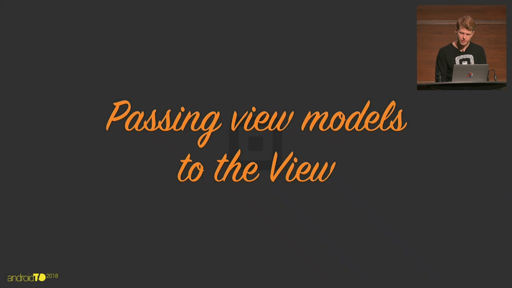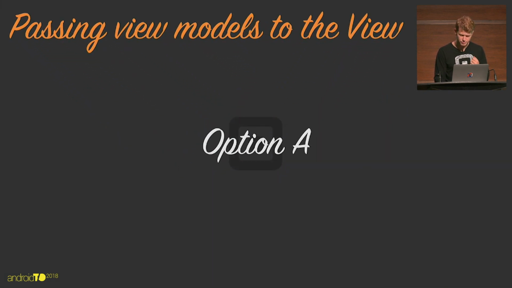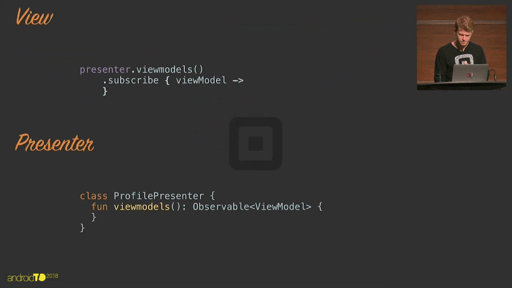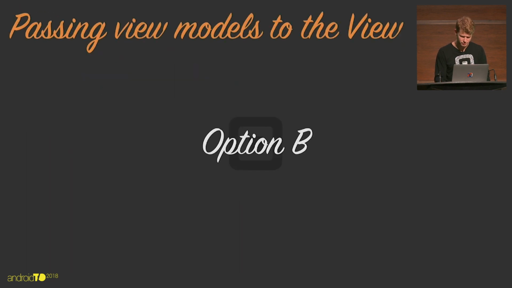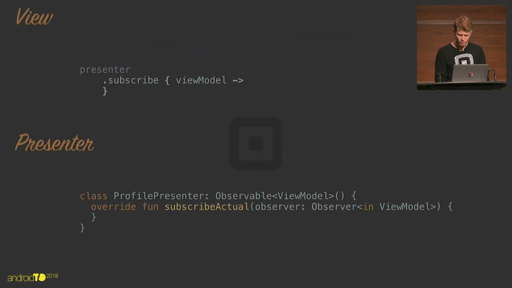And now, how to get the view models back to the view. We could have just a view model method inside the presenter, call this inside the view, and subscribe to it. I like it too. Option B would be to make your presenter an observable.